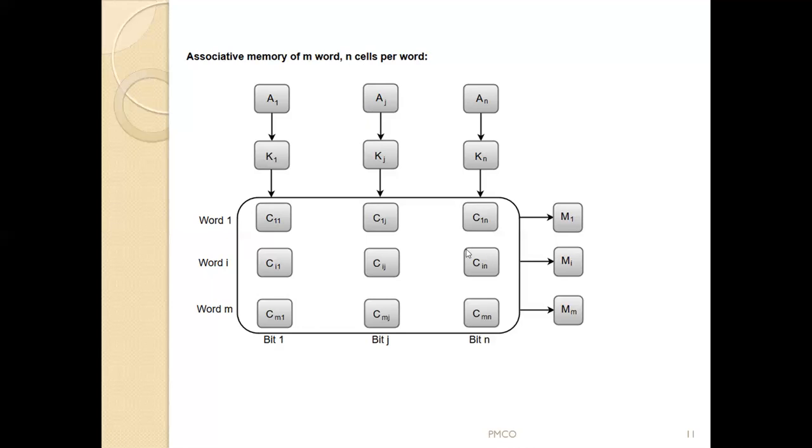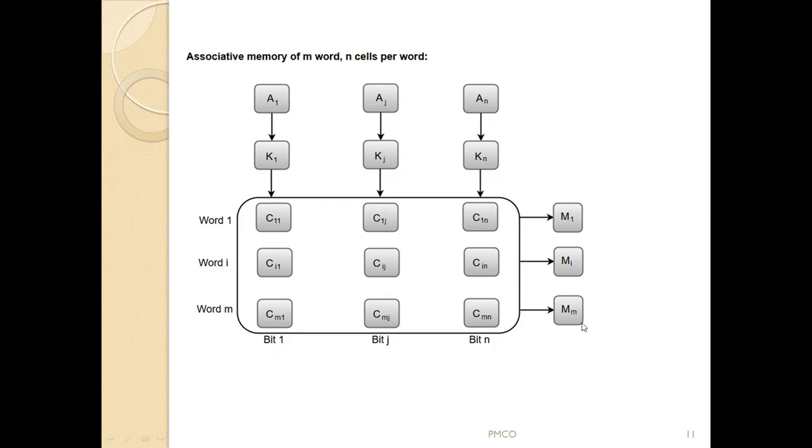So a bit Aj, the argument register A1, A2, etc. up to Aj and up to An. A bit Aj in the argument register is compared with all the bits in the column j of the array, provided that Kj is equal to 1. This process is done for all columns j equal to 1 to n. So if a match occurs between all unmasked bits of the argument, that means the register A, and the bits in the word i, the corresponding bit Mi in the match register is set.